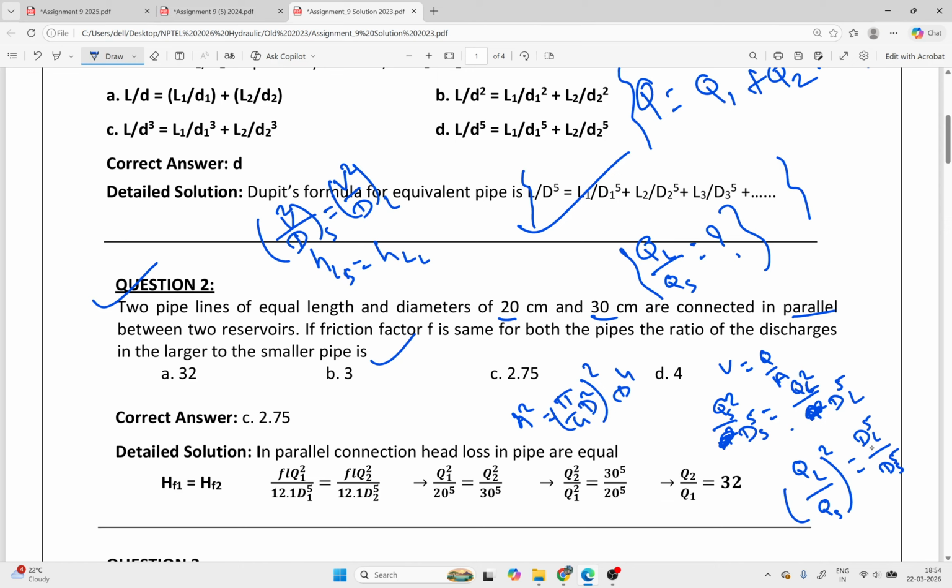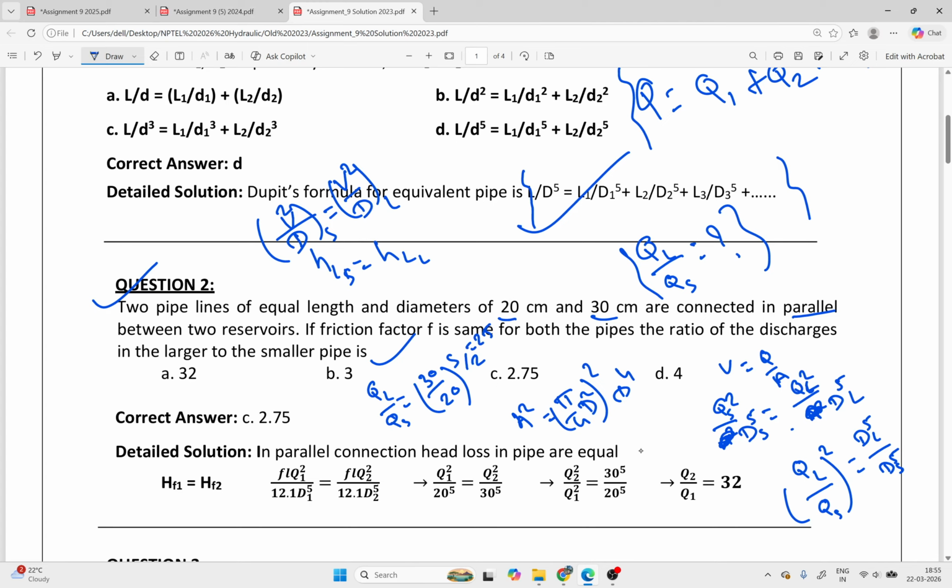Now your ratio: Q large by Q small is equal to 30 divided by 20, the smaller d. Already the power 5 is there, and once this power goes to the right side, divided by 2, it becomes 2.5.